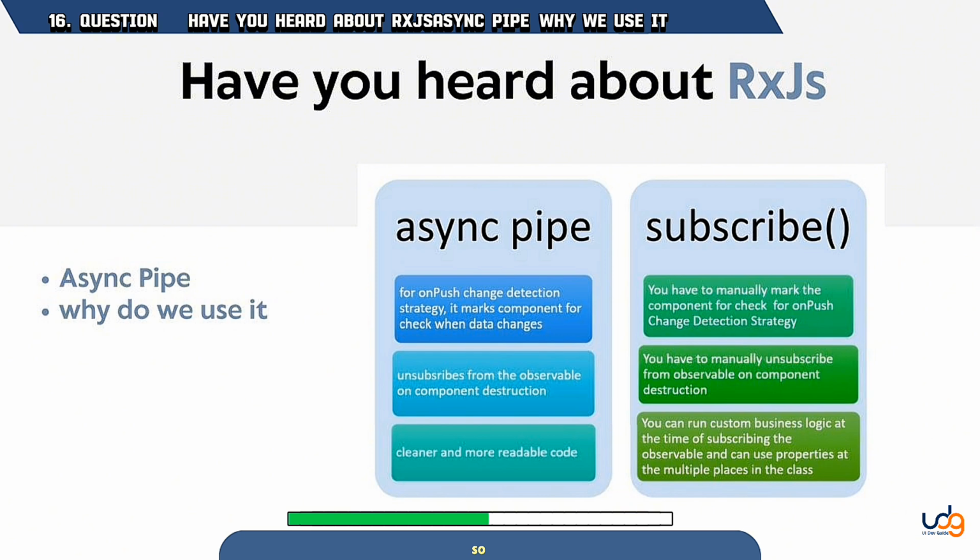So what is async pipe? Have you heard about it? Async pipe, we can use directly in the HTML by using the pipe, without calling it in the component.ts file.